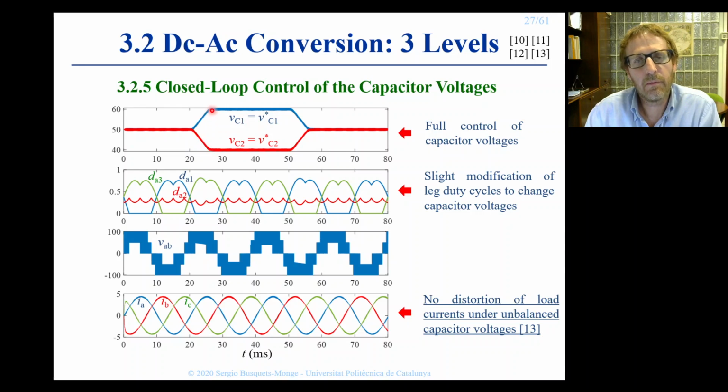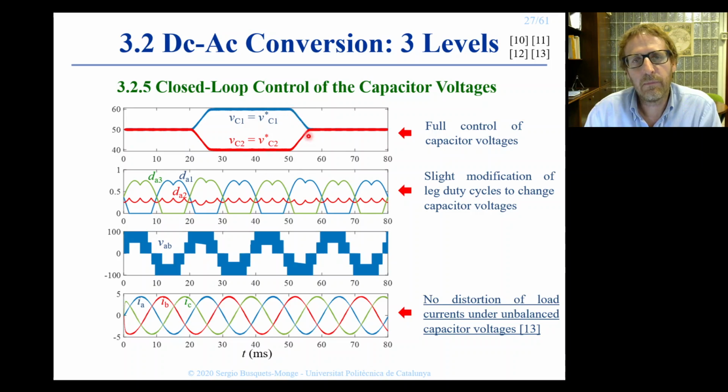We make the command for the voltage of capacitor 1 to be 60, and the other one is 40. And basically, the closed-loop control achieves a real capacitor voltage matching the command. Notice that the variation of the leg duty ratios is very slight to achieve this control.